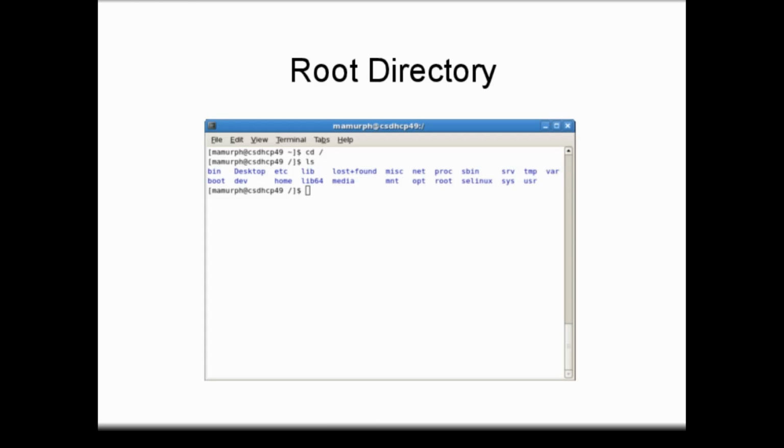There are a number of top-level directories that are fairly standard inside the root directory on a normal Linux system.